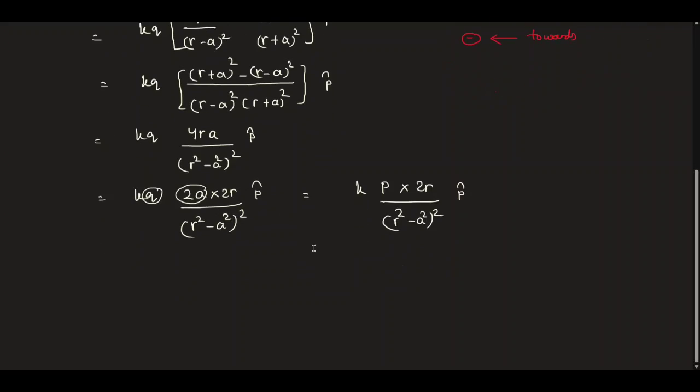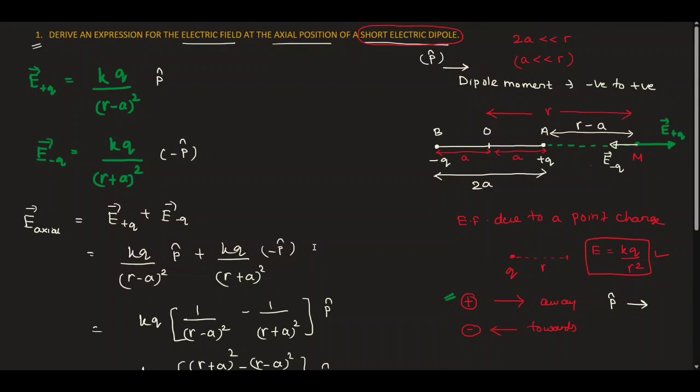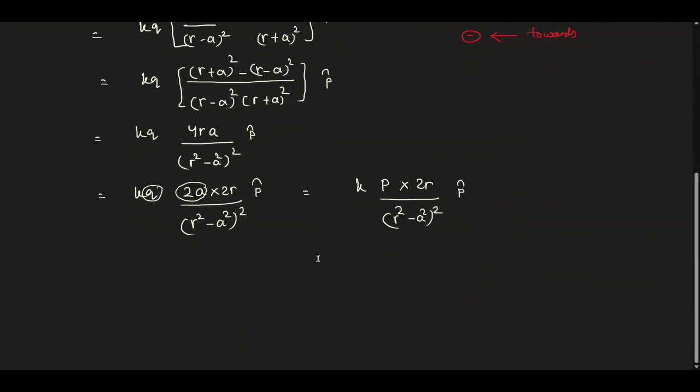Now let us go to the condition given here. It is given that the dipole is a short dipole. It means the dipole length is very small as compared to R. It means A is much smaller than R. So if A is much smaller than R, I can say that A square is very small compared to R square, or R square is much greater than A square.